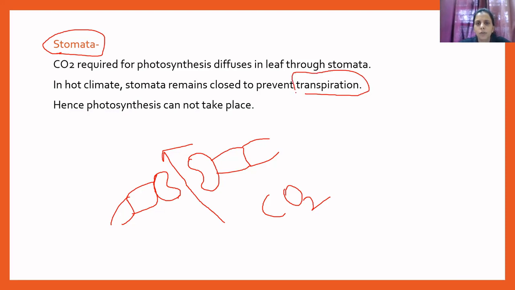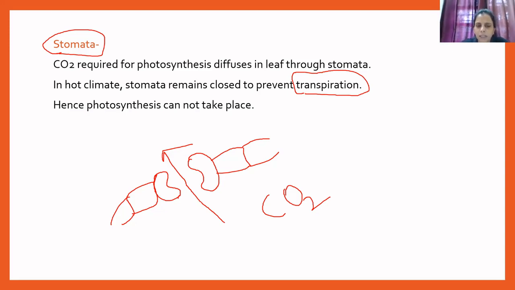So stomata get closed during high temperature, or during a very bright sunny day or in hot climate. These stomata get closed in order to prevent water loss by the process of transpiration.